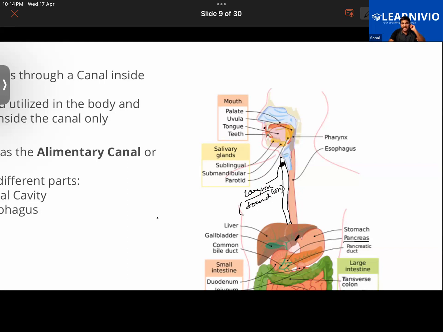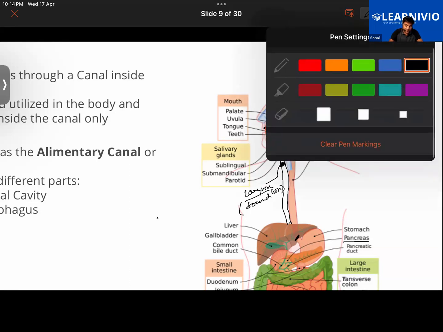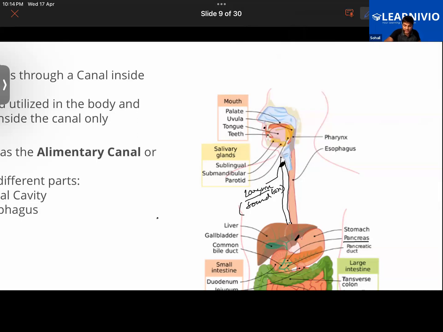So let's understand why when food enters the windpipe, you develop hiccups. Imagine that this is the food pipe and this is the wind pipe, and both of them are side by side to each other like this.